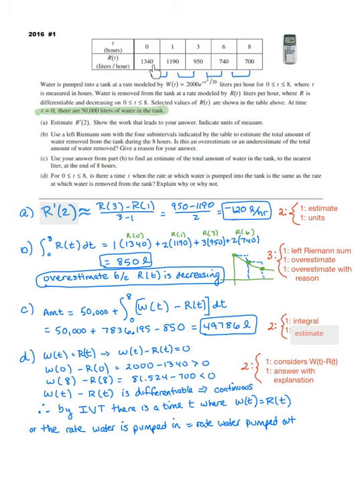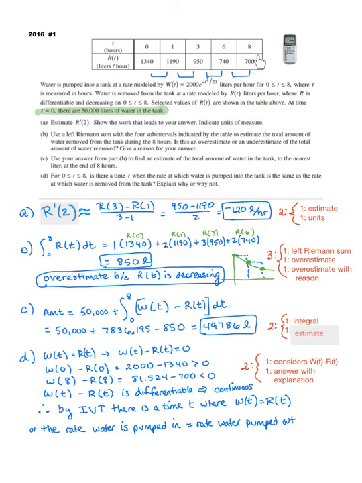We're told in the table that R of 0 is 1340, so 2,000 minus 1340 is greater than 0. So W of t minus R of t is greater than 0 at 0. Now, if we can find a place where it's ever less than 0, we know it has to be 0 at some point. So we go to another value that we know.